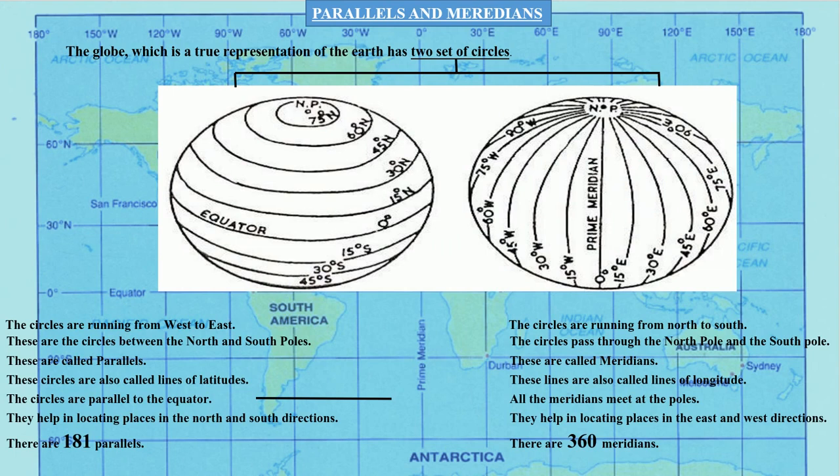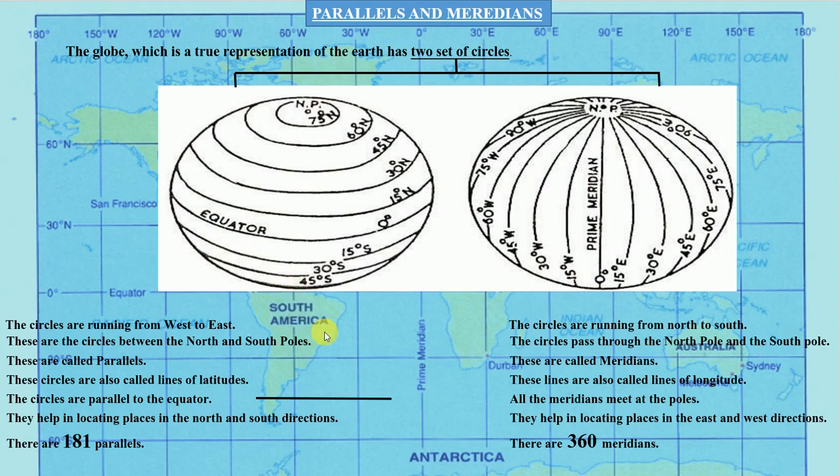As you can see here, there are two diagrams. The globe, which is a true representation of the earth, has two sets of circles. In the very first set, the circles are running from west to east, and these are the circles between the North Pole and the South Pole.